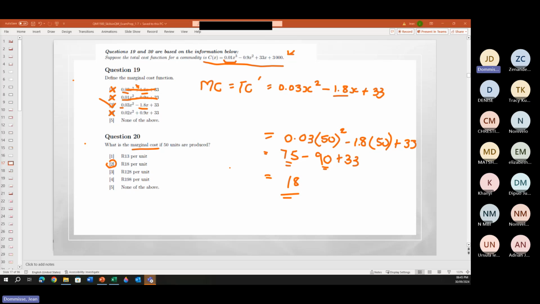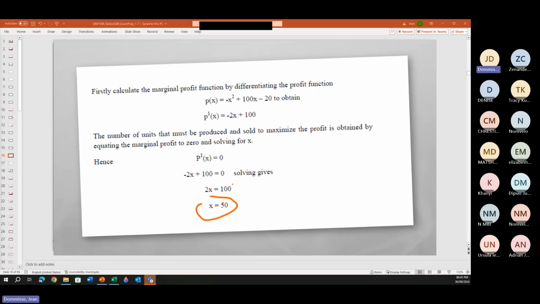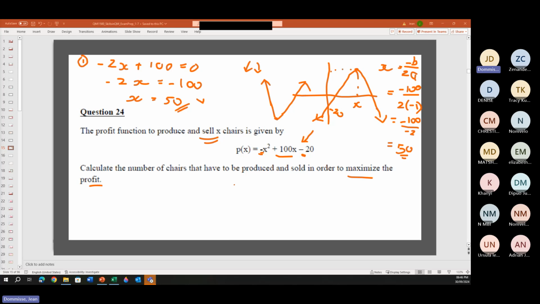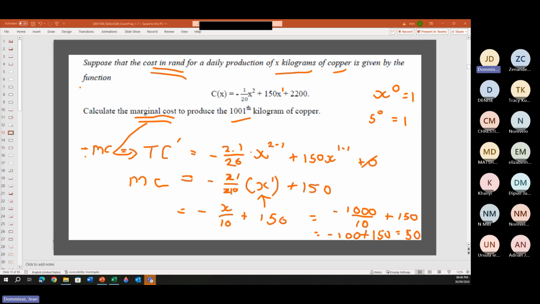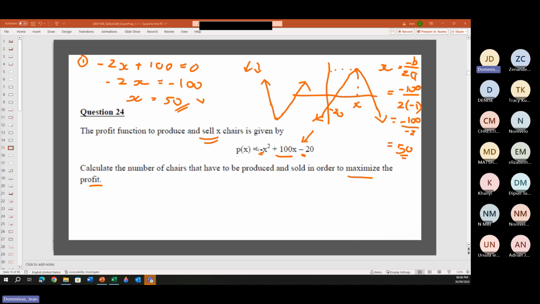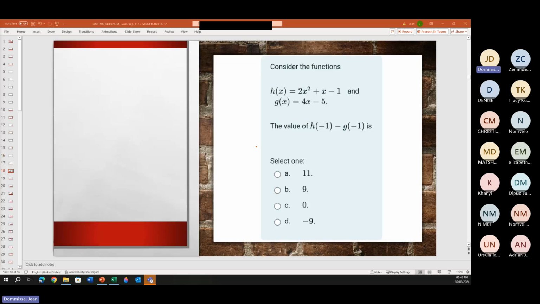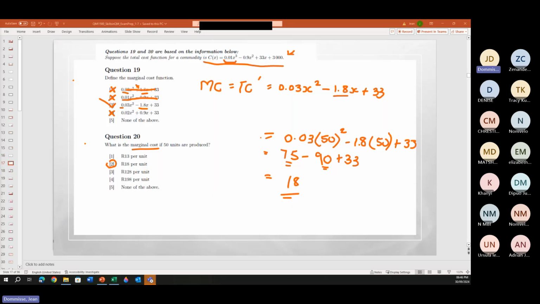Okay, so you now can see the different ways that they can ask you nearly the same type of question. Around this study unit 6, they can purely give you a formula and you need to differentiate it.